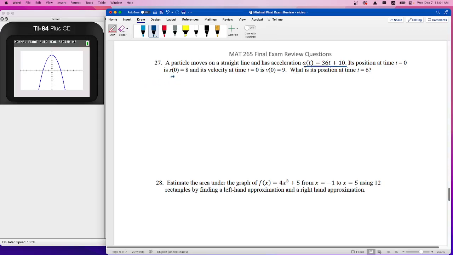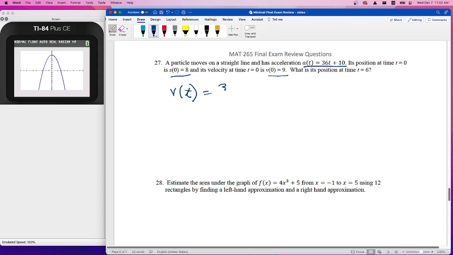These pieces of information, just like the last one, allow us to figure out the values of c as we go through. So we start off with the acceleration. The first antiderivative is velocity. So velocity, we'll just do in general, I guess we'll use t. Add 1 to the exponent, so that t to the 1 becomes t squared.